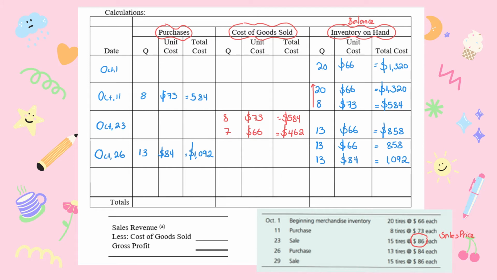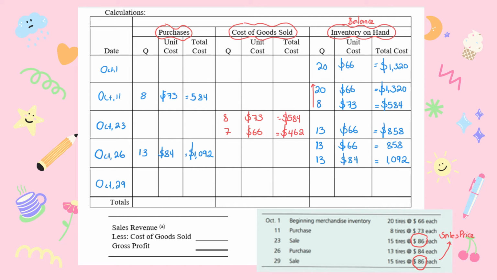Now on October 29, sale 15 tires at 86 each. Again, the 86 is the sales price. It's not the cost of goods sold. It's the sales revenue. We don't care about the 86 now.